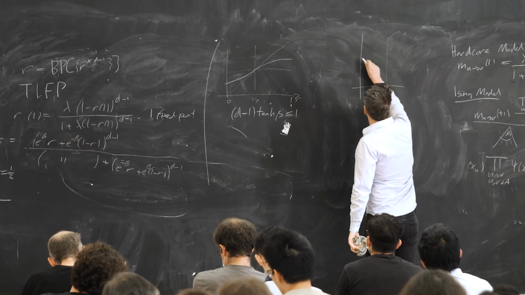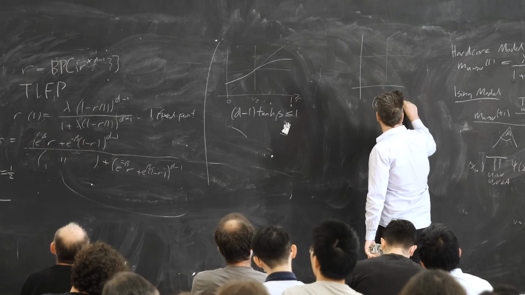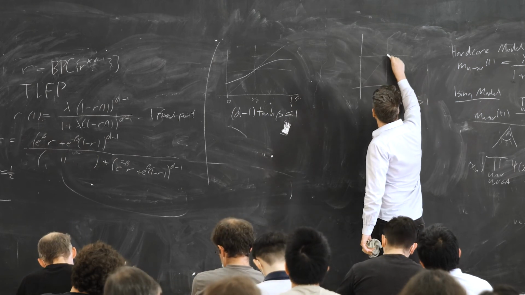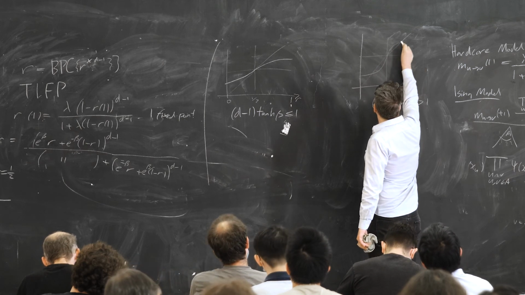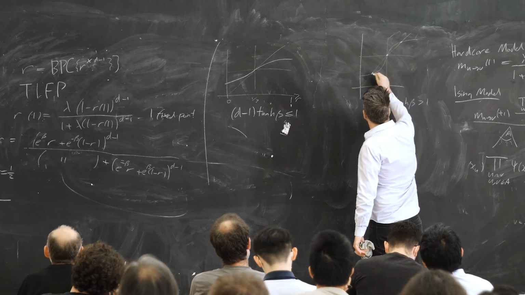On the other hand, when d minus 1 times tangent of beta is greater than 1, the function will look like this, and you'll get 3 fixed points.